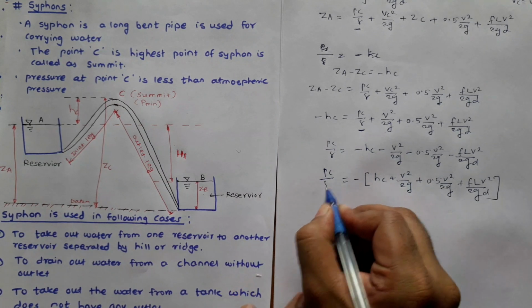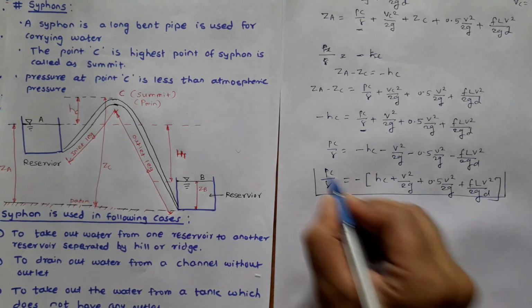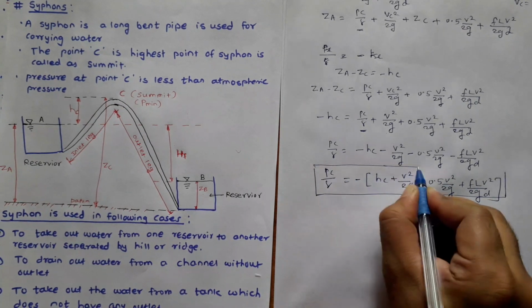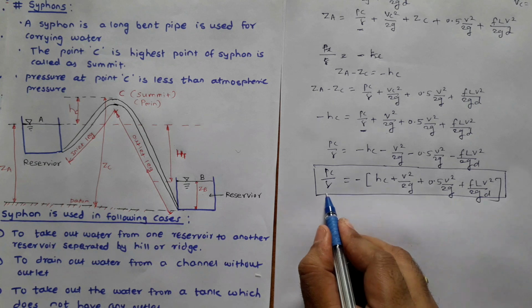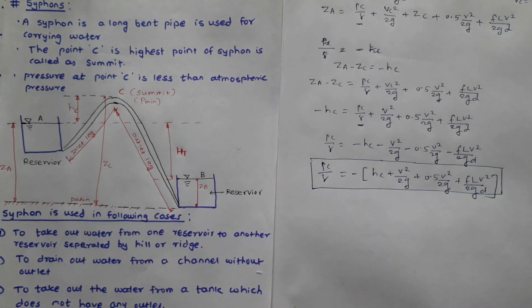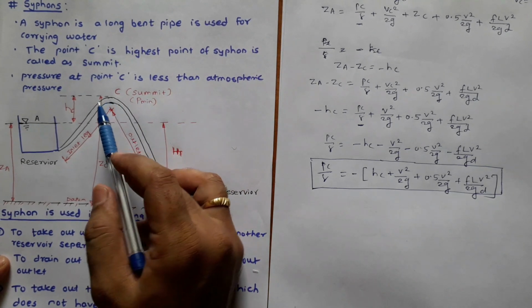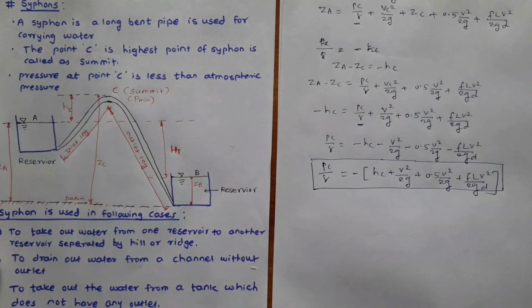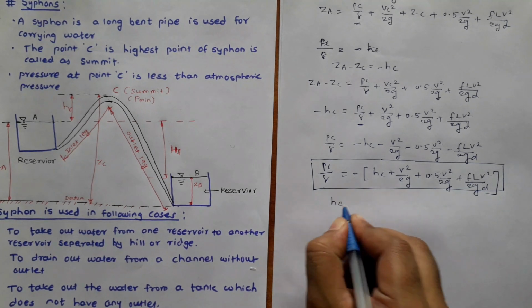From this equation we can calculate the pressure at C, the pressure at the summit point, and you can see that the pressure at the summit is negative. So the pressure at point C is less than atmospheric pressure, and this equation is used to find the pressure at the summit point.